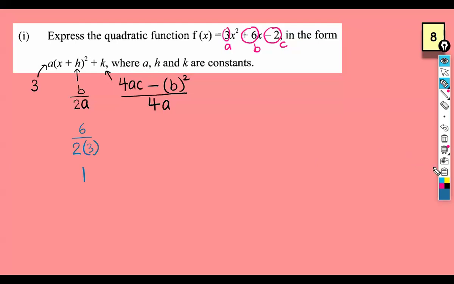So let's calculate the K value now. Different color, red. 4 open brackets, A is 3, C is minus 2, minus B, which is 6 squared, divided by 4, and A is 3.